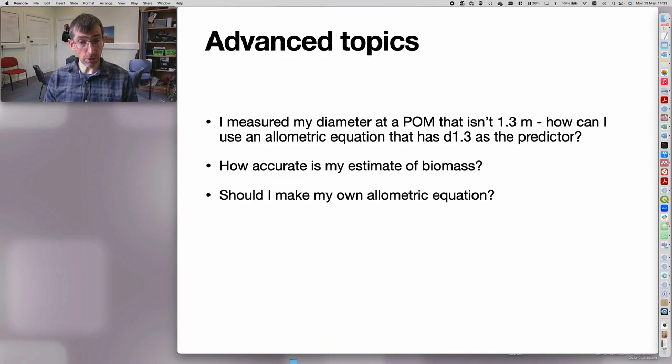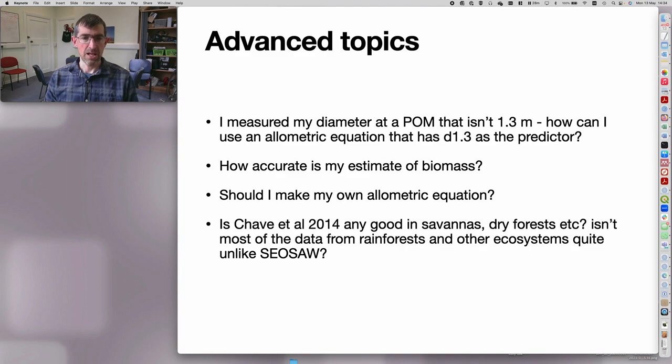If you're considering making your own one for a sort of understudied ecosystem or ecoregion, I think there's a couple of new papers out where you can look and think about whether it's worth doing that and how best to do it to add to the existing knowledge. That's quite an interesting topic. And then, that Sharp data is pan-tropical, it's not dry tropical. So you might think, could we make our own one for the dry tropics?